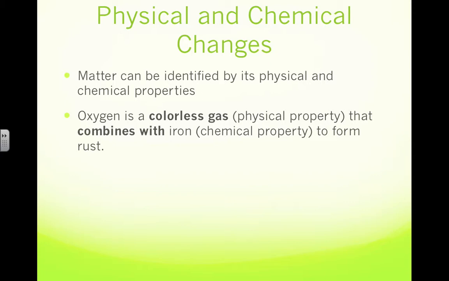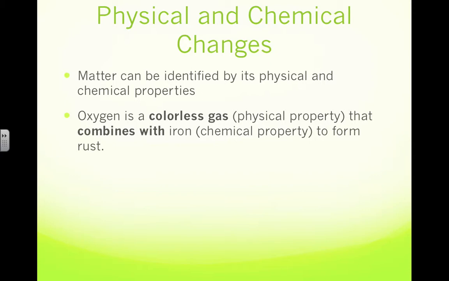I have an example on the screen that discusses oxygen and iron in the formation of rust. You'll notice there's a few bolded terms and some terms in brackets, physical and chemical, to help you identify exactly what physical properties and chemical properties are.